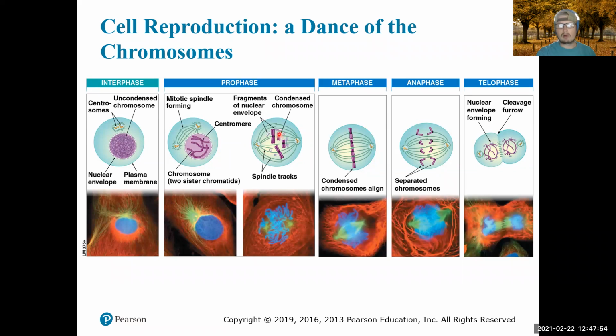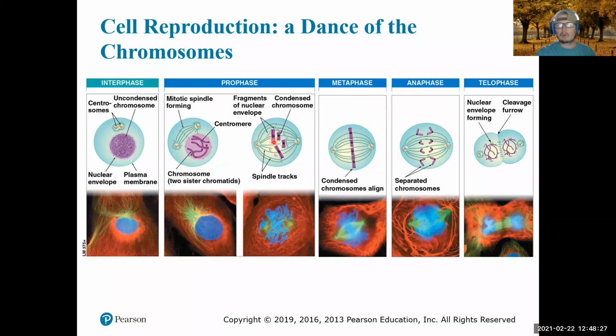When they pull them apart, they're going to pull them to each end of the cell, which is where each of the daughter nuclear material is going to be located. Okay, and so you have your nuclear envelope breaking down, your spindle fibers forming, your centrosomes migrating to the poles of the cell, and your sister chromatids condensing into those chromosomes like you see here.